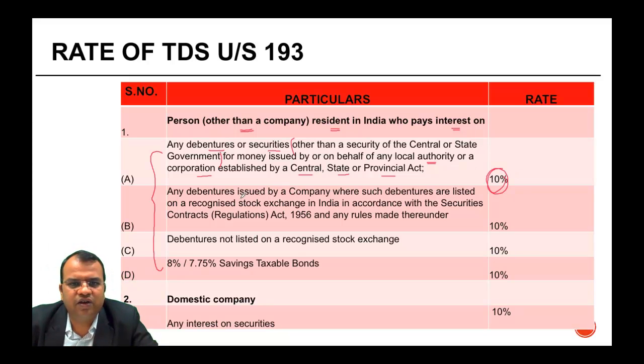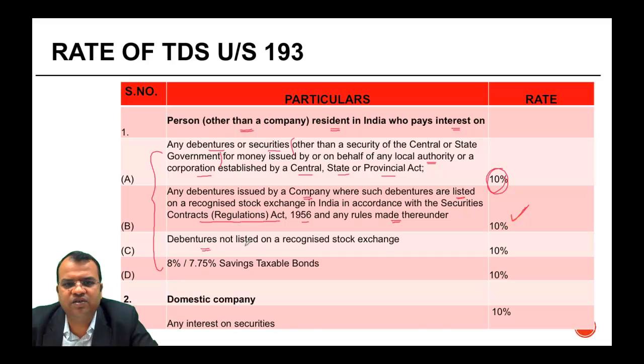If there is interest on any debentures issued by a company where such debentures are listed on a recognized stock exchange in India in accordance with the Securities Contract Regulation Act 1956 and any rules made thereunder, the TDS is again 10%.